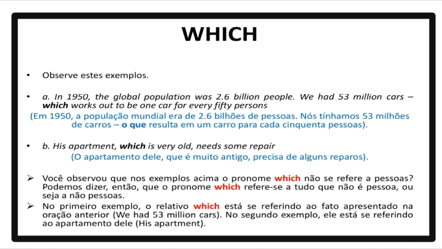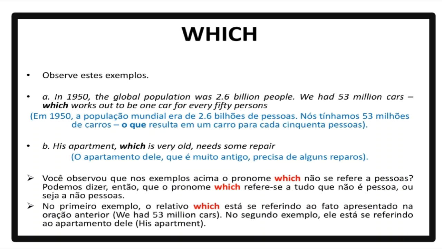In these examples above, which doesn't refer to people. We can say that which is used for everything except people. We can use which to talk about ideas, objects, animals. So just memorize this. We don't use which with people.